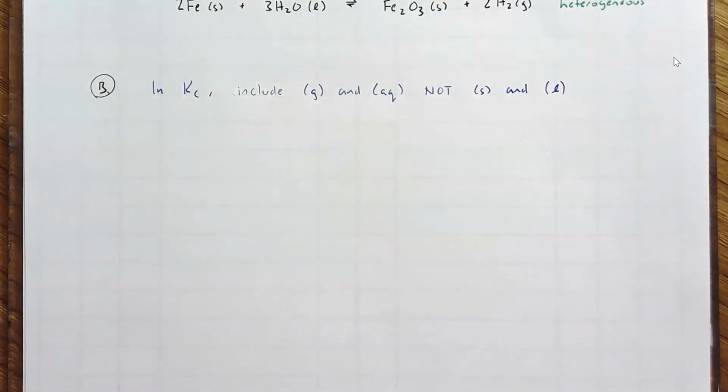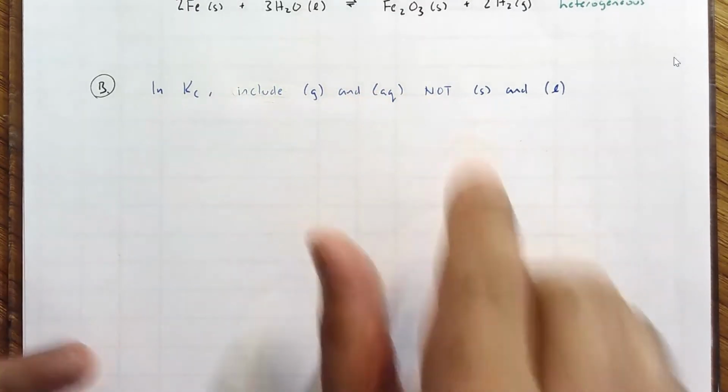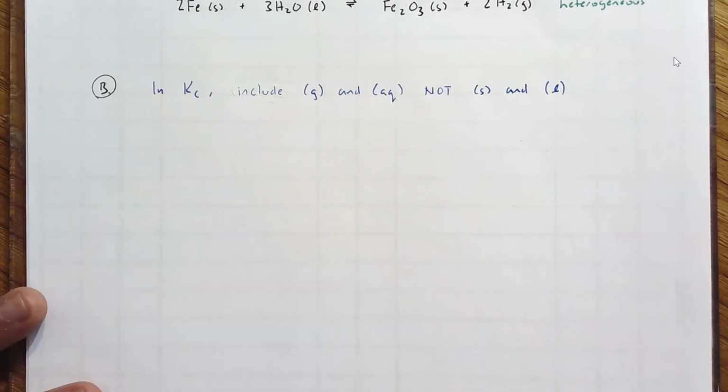Let's go over a couple examples and I'll explain why we don't include solids and liquids in the equilibrium expression.